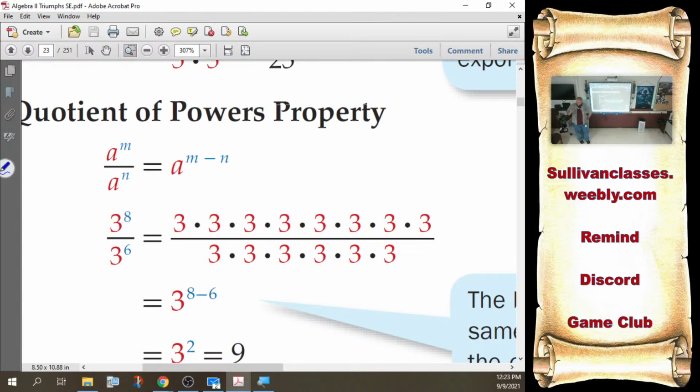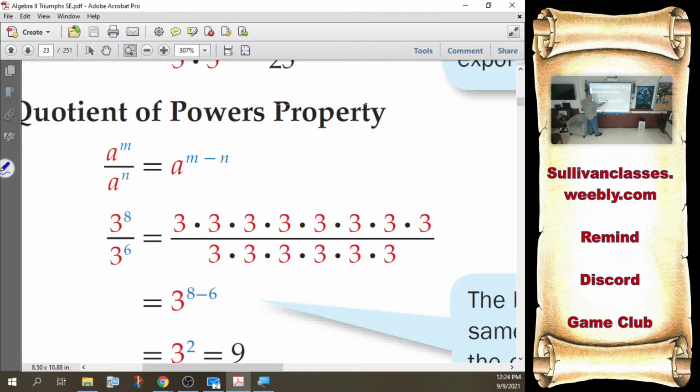So, if I were to write this out longhand, 3 to the 8th and 3 to the 6th, you all agree that's 8 3s over 6 3s. What's 3 divided by 3? 1, right? What's 5 divided by 5? 30 divided by 30. Negative pi divided by negative pi. Waffles over waffles. 1. Anything over itself is always 1.